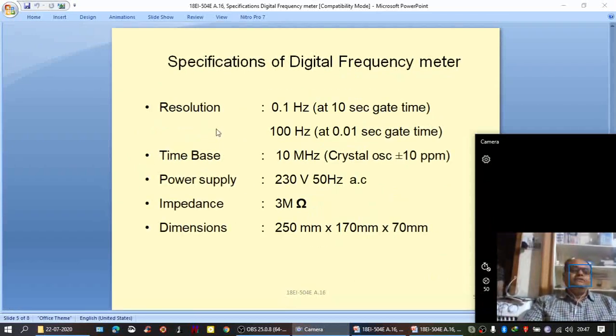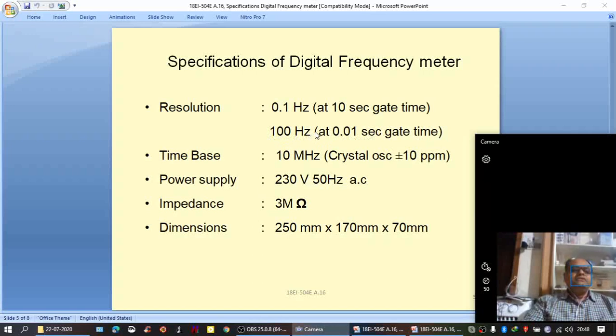And resolution. Resolution depends on the gating time. Obviously, when gating time is 10 seconds, resolution is 1 by 10, that is 0.1. When gating time is 0.01 second, the resolution would be 100 Hz.